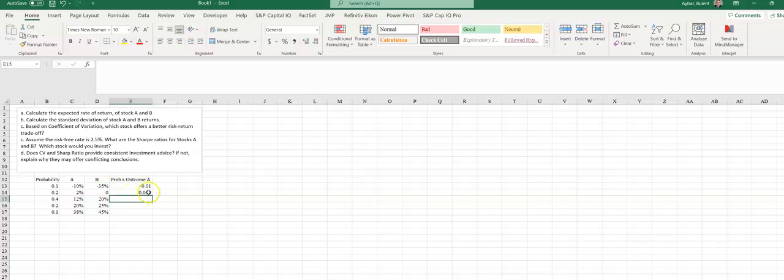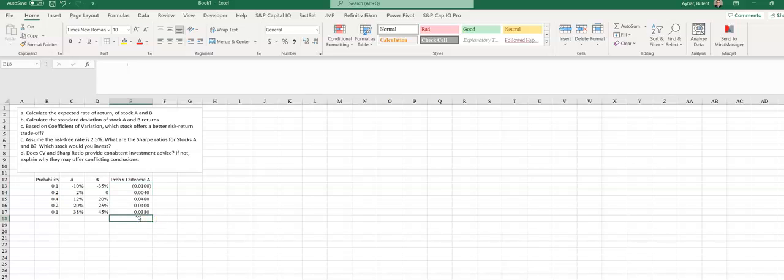And actually, I don't need to do this repeatedly. If I copy these through, as you will see, all of these are multiplying the B and the C column entries in here, and this is actually what I want. So let's tidy up this a little bit. Let's put maybe 4 decimals. Now we are going to sum these up. Remember, we multiply the probabilities and outcomes and then sum them over.